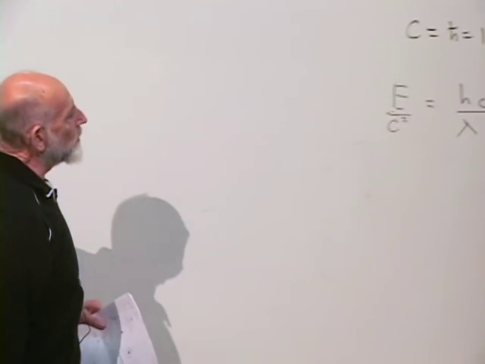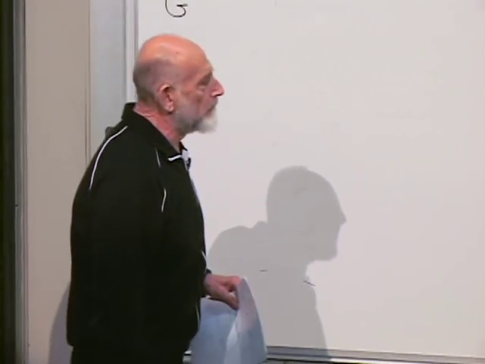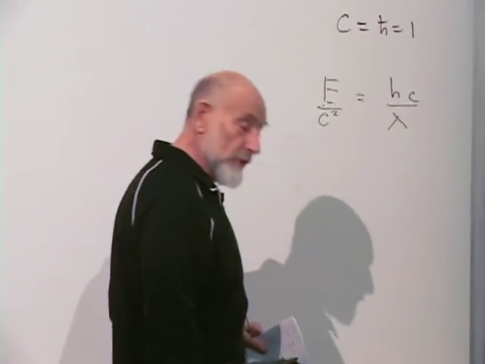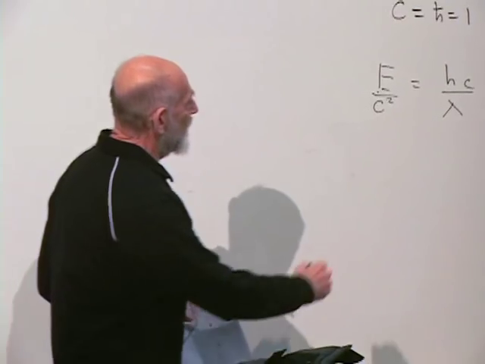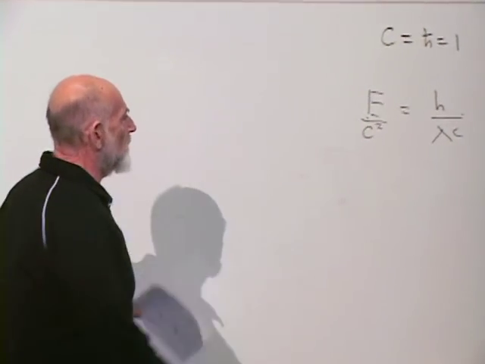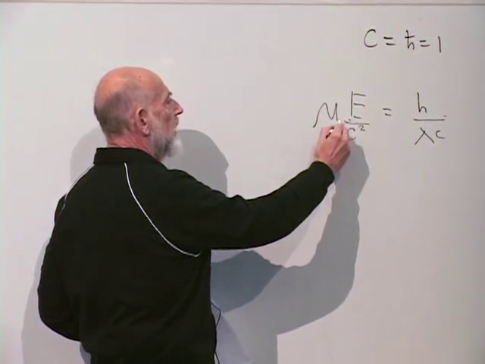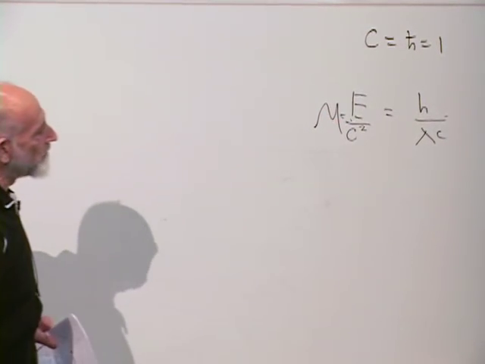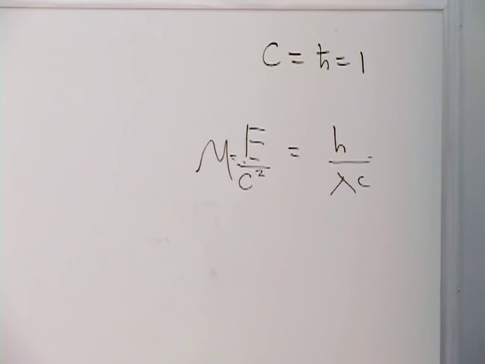There were lots of people who knew that E over c squared was equal to m, but it took the genius of Einstein to realize that E is equal to m c squared. True. All right, so we put another c in here and c downstairs, but I don't really care where the c's are because we're going to set them equal to 1.